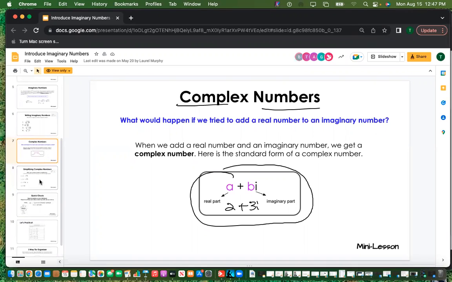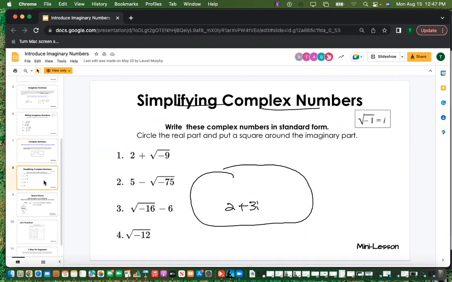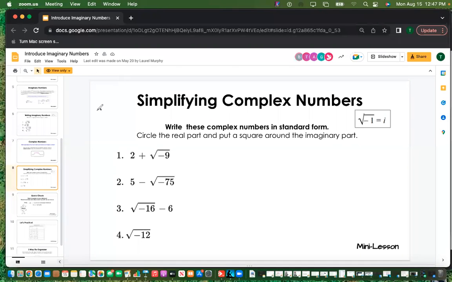Okay, so let's get some practice simplifying these complex numbers. Taking a look at this one, I want you to write these complex numbers in standard form. Remember, standard form is a plus bi. So I've got my real number first, which is this 2.